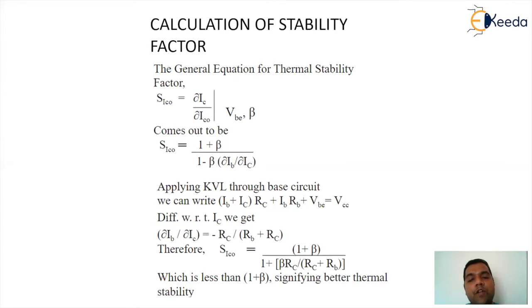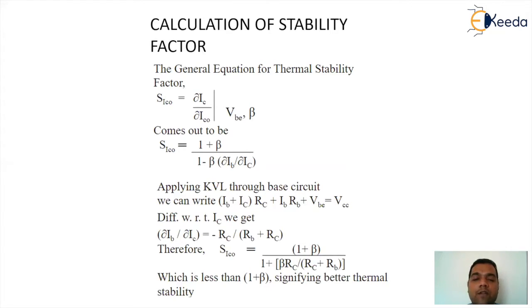We had the input equation VCC minus (IC plus IB) into RC minus IB RB minus VBE equal to 0. Once you differentiate it with respect to IC, you will get minus RC by (RB plus RC). When you substitute that value of del IB by del IC in the equation of SICO, you will automatically land up at (1 plus beta) upon (1 plus beta RC by (RC plus RB)).